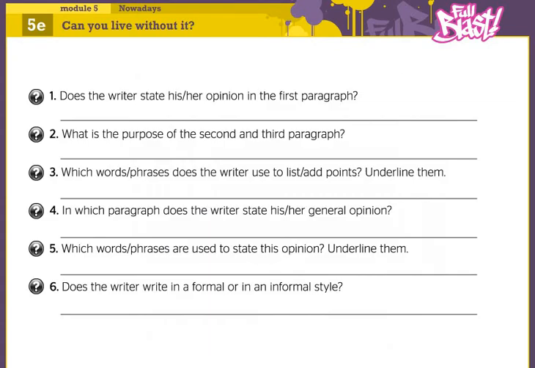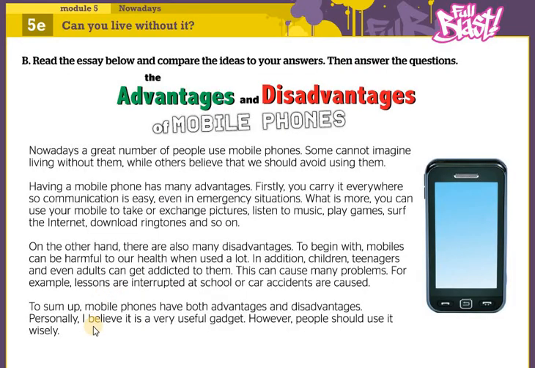For example, here in this paragraph, to sum up, or to conclude, mobile phones have both advantages and disadvantages. Personally, it's the opinion of the writer of this essay, I believe it is a very useful gadget. However, in contrast, people should use it wisely, right?